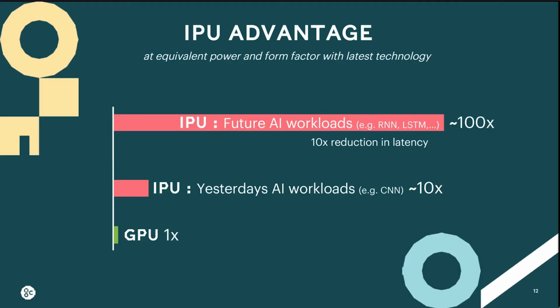Just to give you a brief hint of the performance potential that we have, we'll be launching some products next year. If you take the latest GPUs, the ones that you can't even buy today that are coming out next year, you take the same power consumption, the same form factor. On the workloads that people are doing today, the feed-forward convolutional networks, the kind of networks that people are working on today and are being deployed, we're about 10 times better.